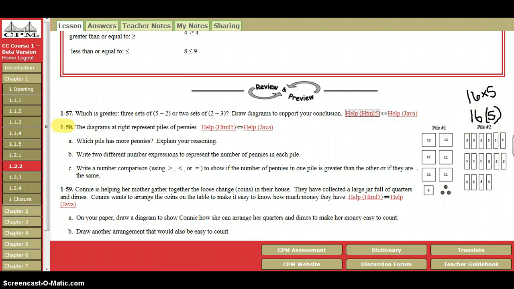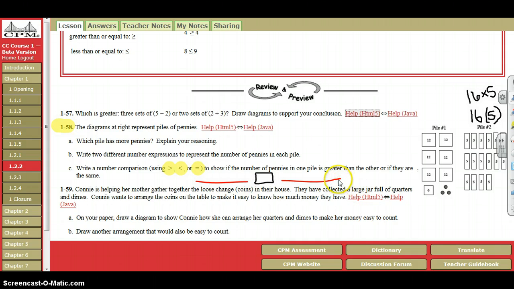Then, when you're ready to move on to 158C, it asks you to write a number comparison, which is what we worked on in class today, using the greater than, less than, or equal to symbols, to show if the number of pennies in one pile is greater than the number in the other. So you're going to write your expression for pile number 1, your expression for pile number 2, and tell me whether you think that pile 1 is greater than, less than, or equal to pile 2.